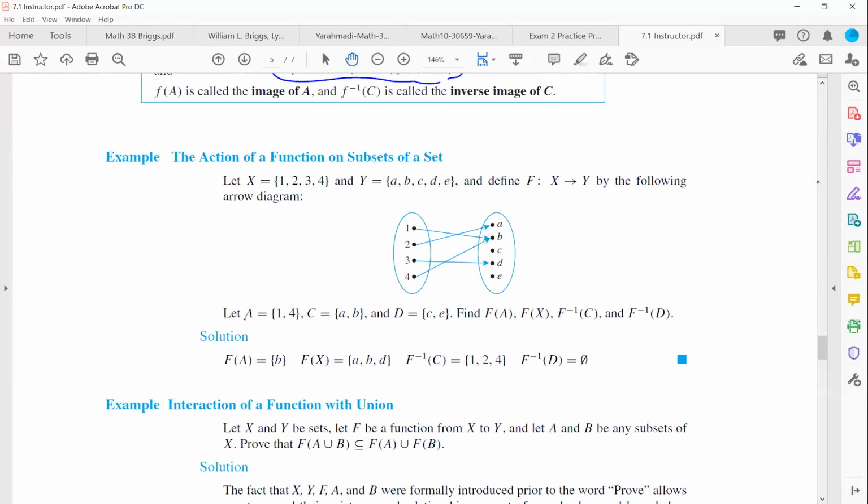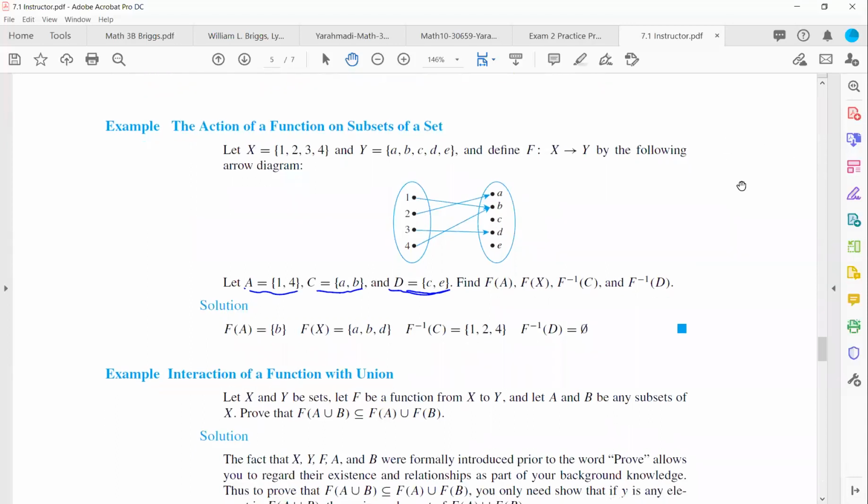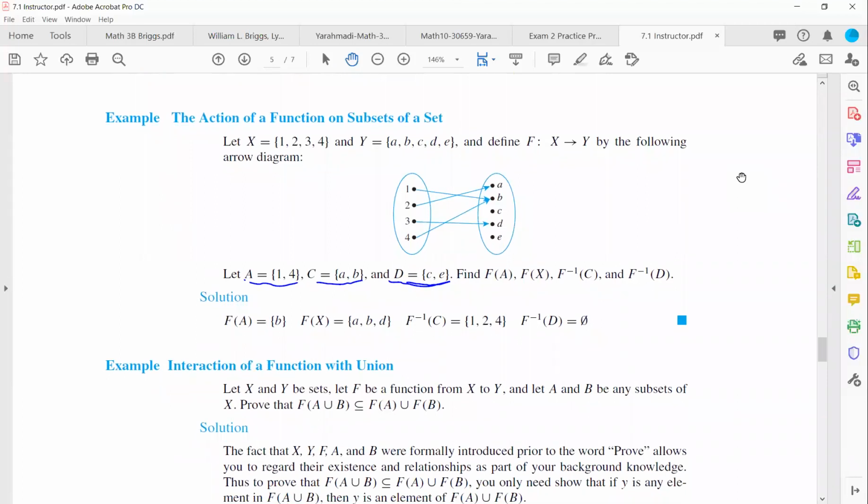Suppose A is a subset of X including 1 and 4, C is a subset of Y including a and b, and D is a subset of Y including c and e. Find f of A, f of X, the inverse image of C, and the inverse image of D.